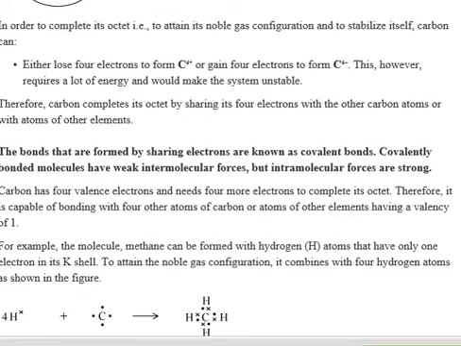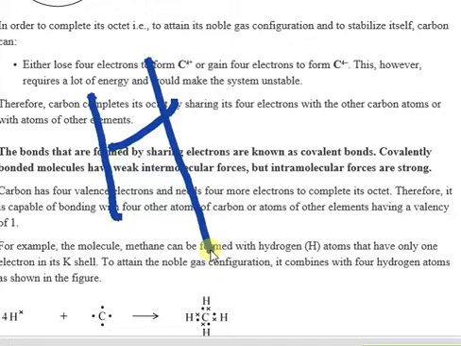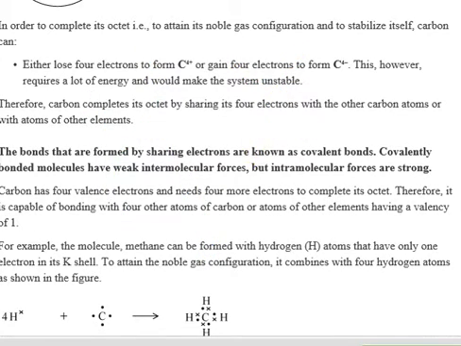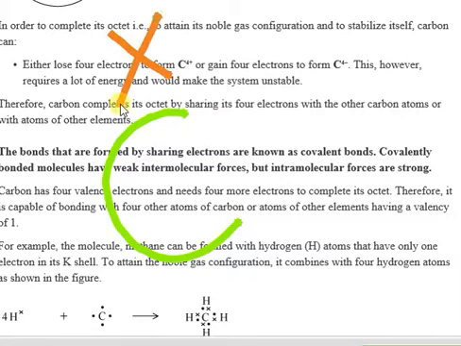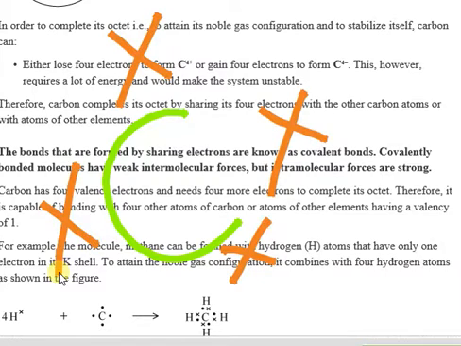Carbon has 4 valence electrons and needs 4 more electrons to complete its octet. Therefore, it is capable of bonding with 4 other atoms of carbon or atoms of other elements having a valency of 1. For example, we have a hydrogen atom which has a valency of 1 electron, and at the same time we have a carbon atom with a valency of 4 electrons.